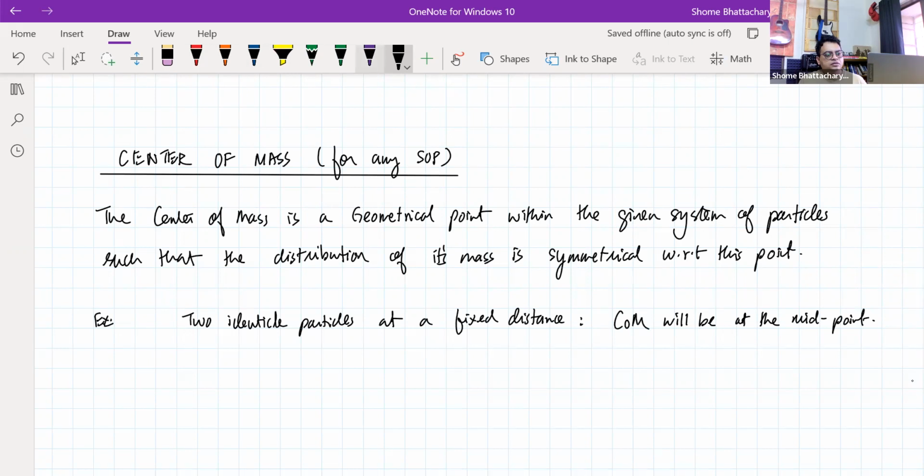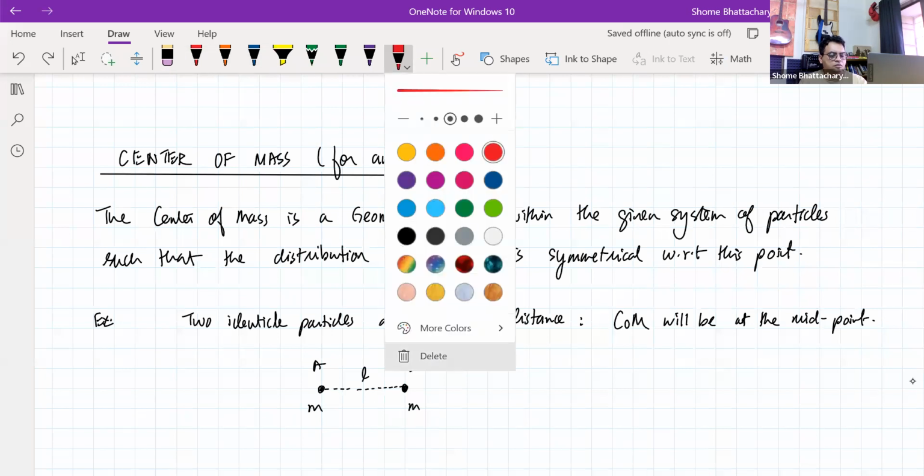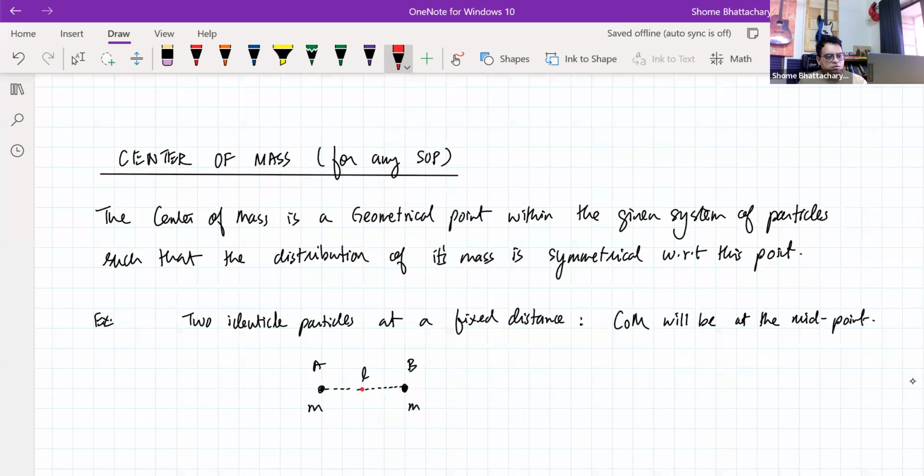So if we take an example of two identical particles, A and B, of mass m each, located with respect to each other at a fixed distance L, then the center of mass for this system will become the midpoint, because the masses are equal.